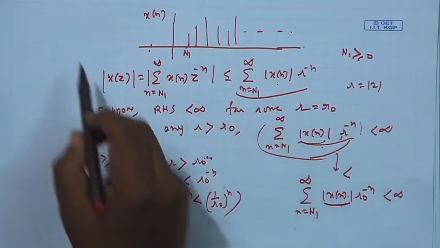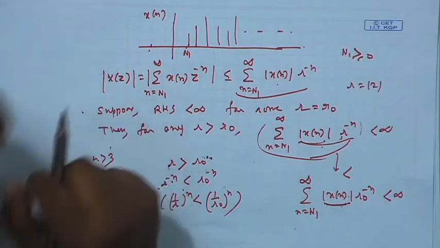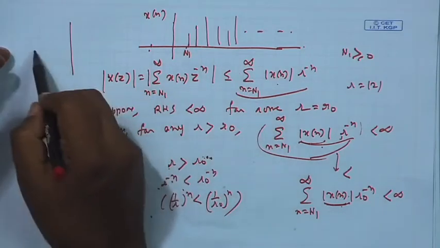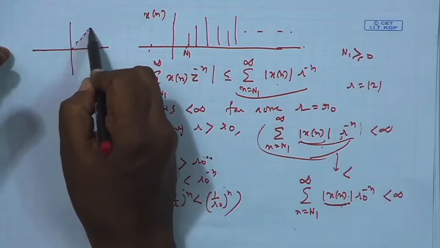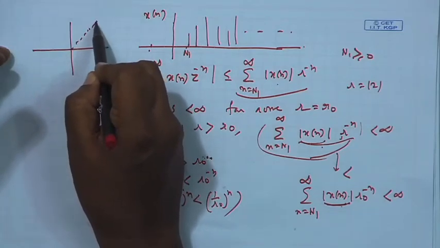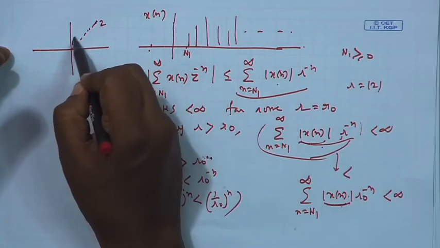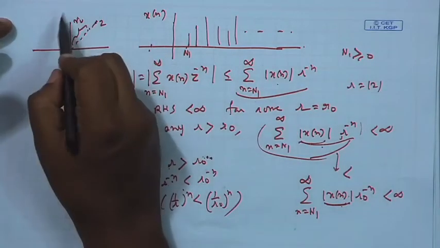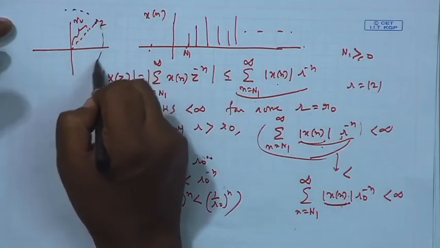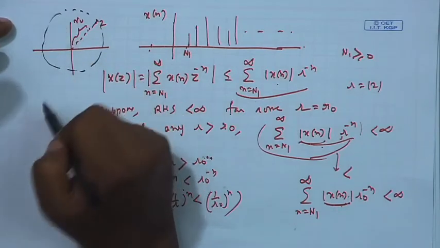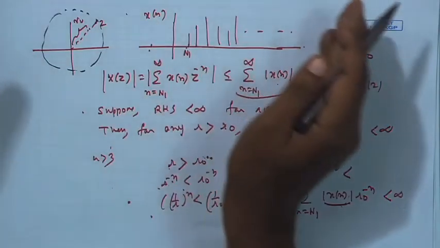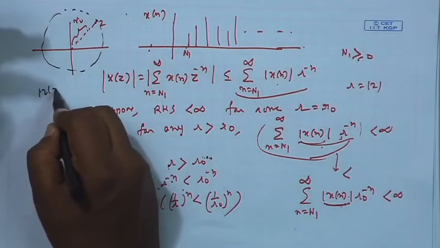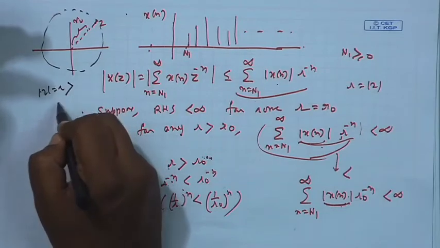Therefore, it means what? If this converges for some z with magnitude r naught, then, suppose this much is your r naught, and this is a z, and this much is your r naught, you draw a circle through this of the radius r naught. Then for any z outside this circle, magnitude r will be greater than r naught, right.